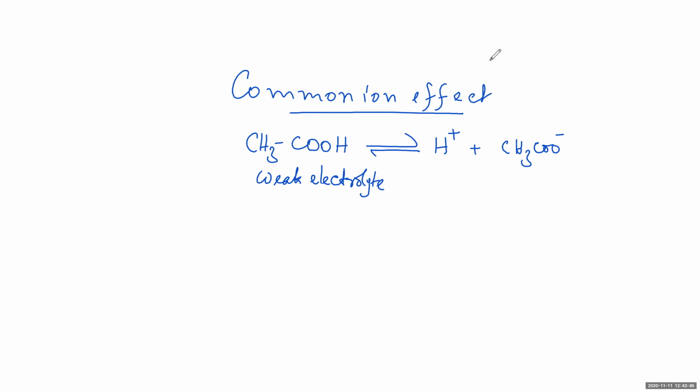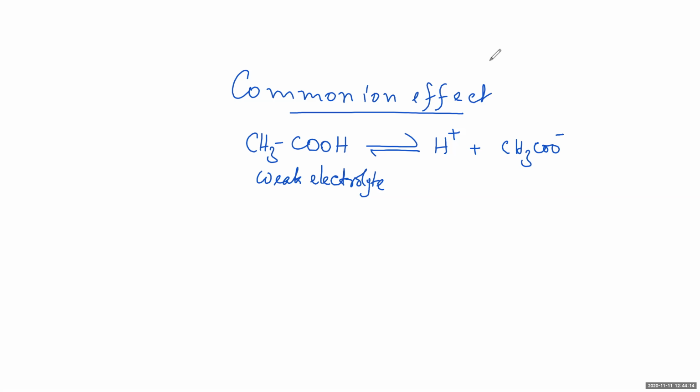The fraction that is ionized, that is called the degree of dissociation or degree of ionization alpha, that we have studied in the last class. The fraction of a weak electrolyte ionized or dissociated, that is called the degree of dissociation alpha.